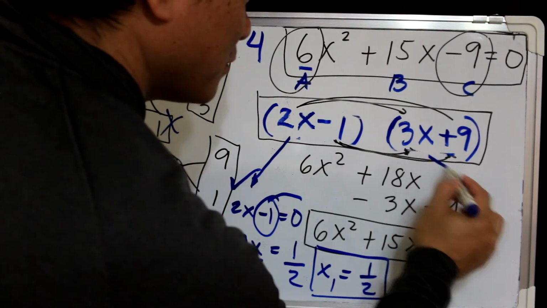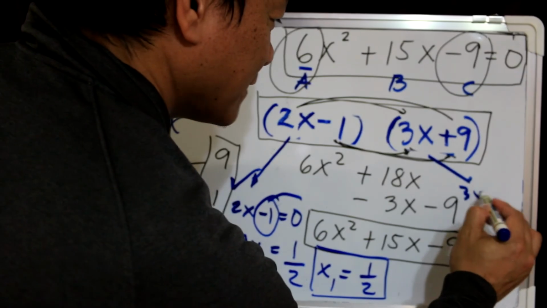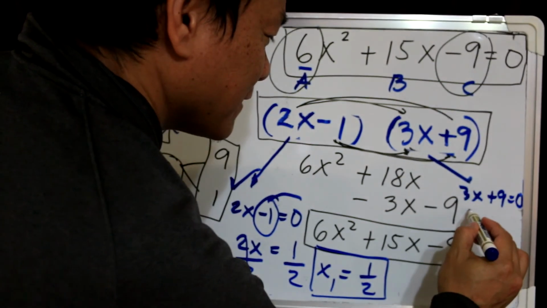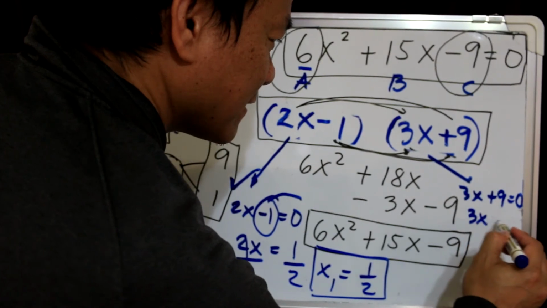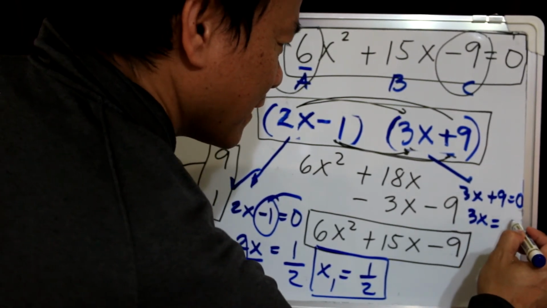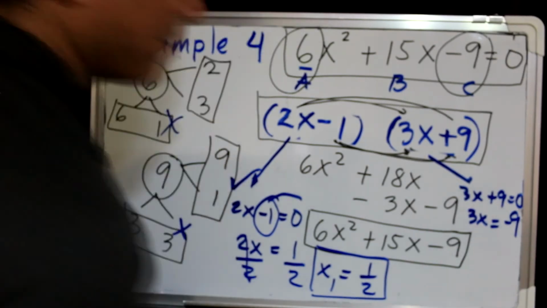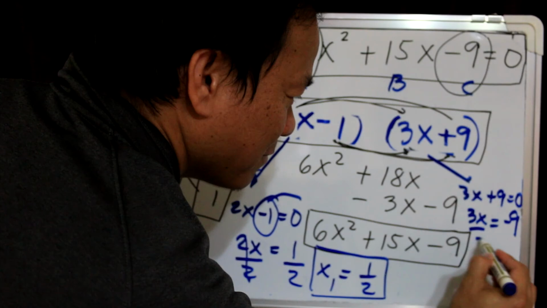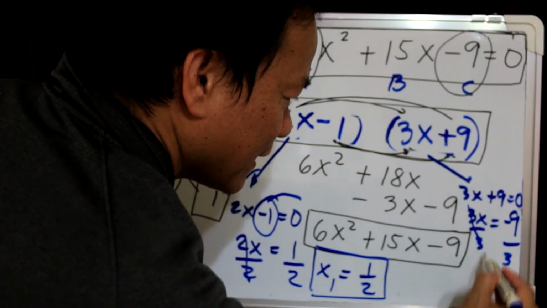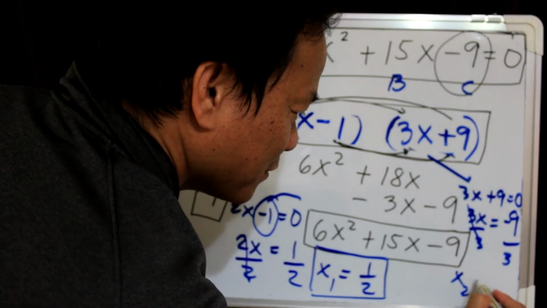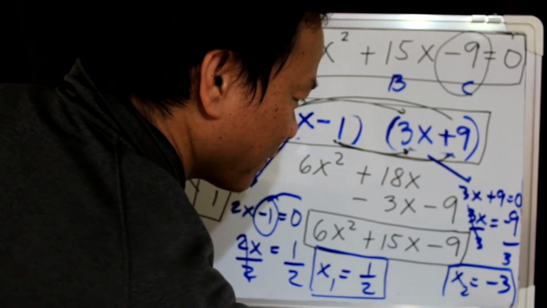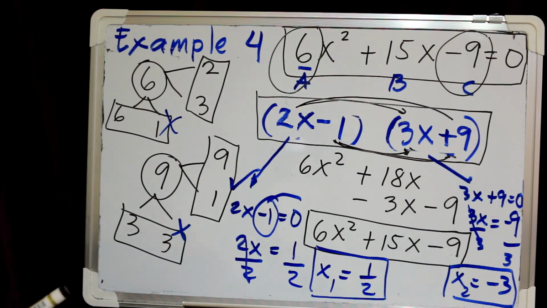The second one would be 3x plus 9 equals 0. That means 3x equals negative 9. Alright, because that's a plus there. So divided by 3, that means x sub 2 equals negative 3. There you go. That's your example number 4.